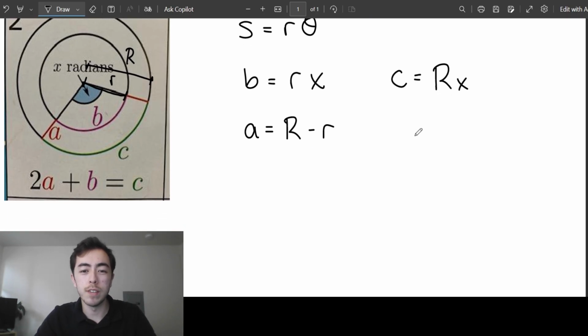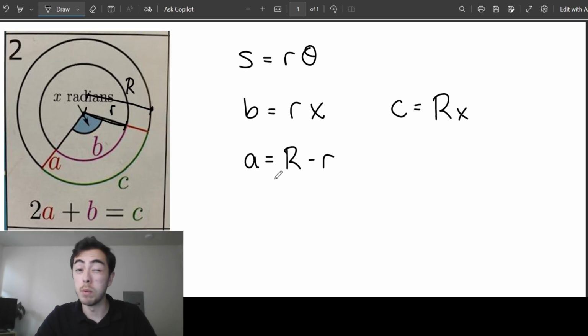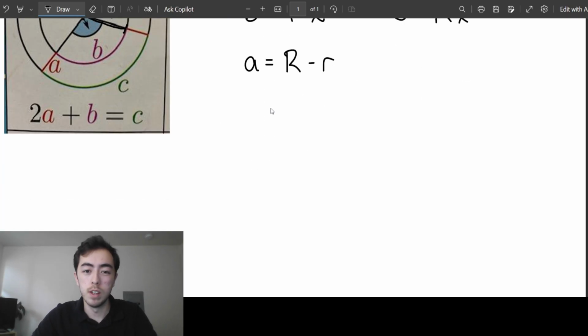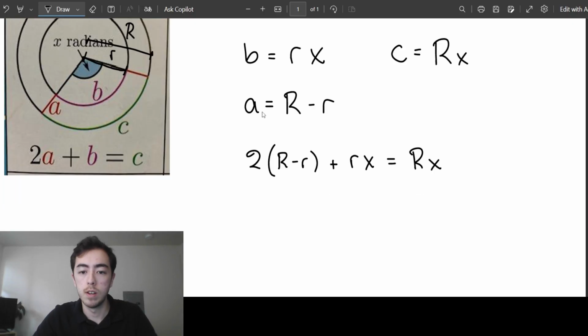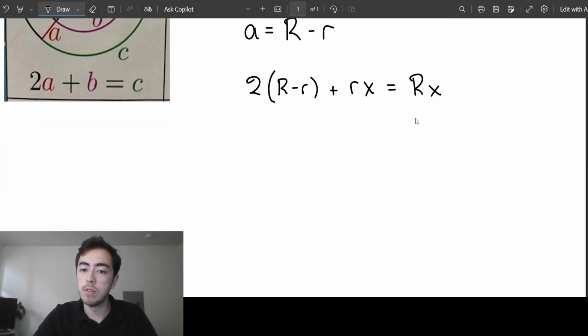And hopefully, if I just sub in these values for a, b, and c, I'll be able to solve for x. Let's see what happens. So 2a, where a is big R minus little r, plus b, where b is rx, equals c, big R times x. To solve for x, we'll want to get the x's on the same side as each other.